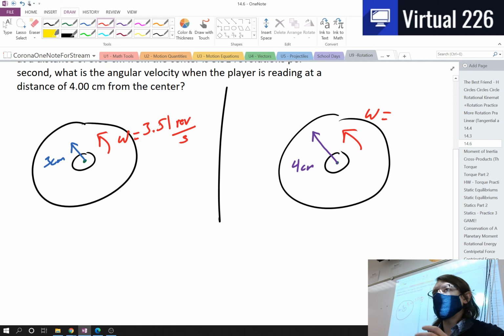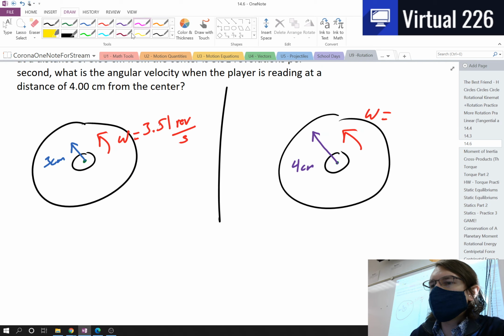And hopefully, and in theory, this omega should go down. Because if I want to keep the linear speed the same, then if I moved fast, where naturally the linear speed would increase, if I just slow the disc down, then that increase and decrease will cancel out, and I'll keep it constant. So let's try to work this out.